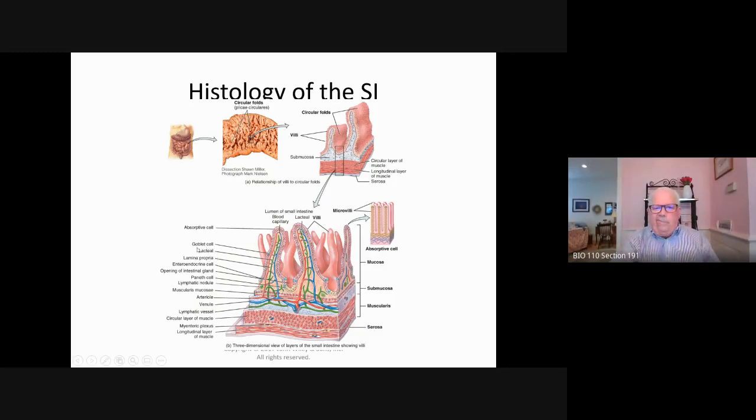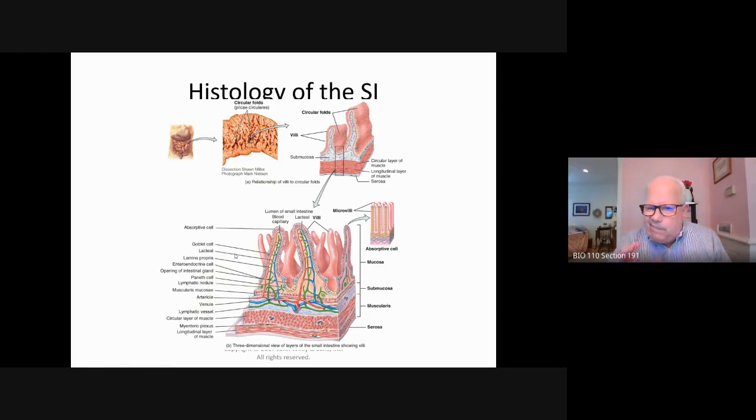The reason you have these lacteals is because fat cannot be absorbed into the bloodstream without attaching to a protein. When fat attaches to a protein, it is called a chylomicron.